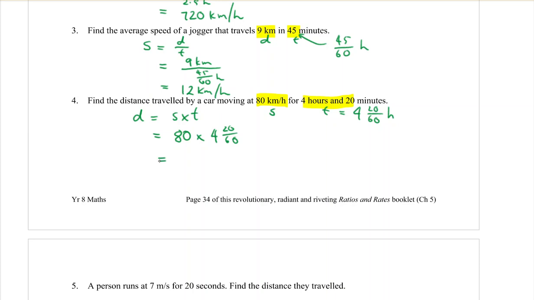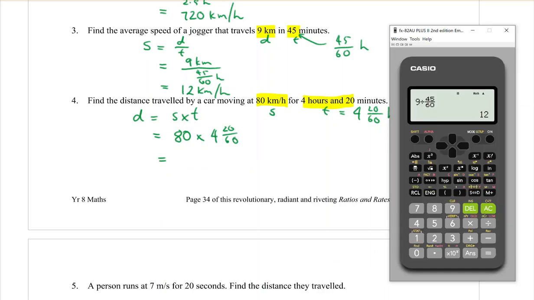When you type in the 4 and 20 over 60, you do need to use the 3 square fraction. So it's 80 times, bring up the 3 boxes, 4 and 20 over 60. Okay, so let's push my decimal button, and I'm going to do 2 decimal places.